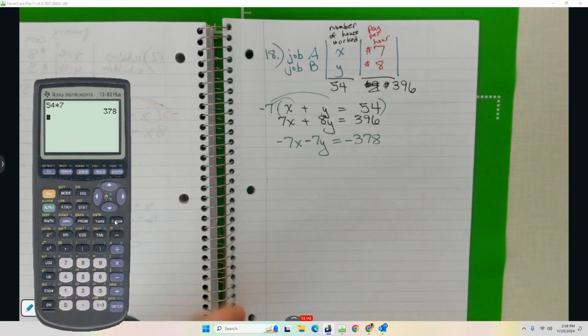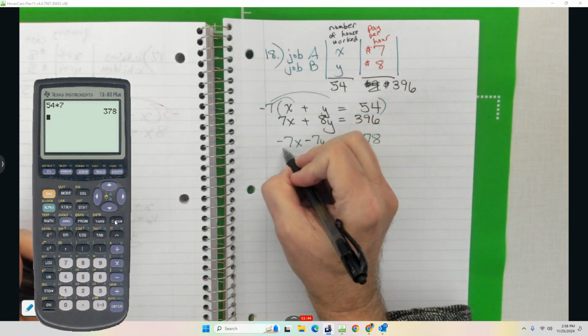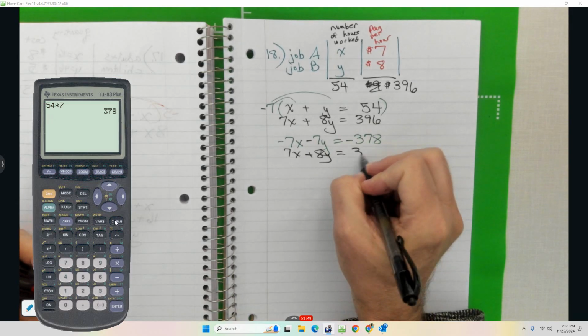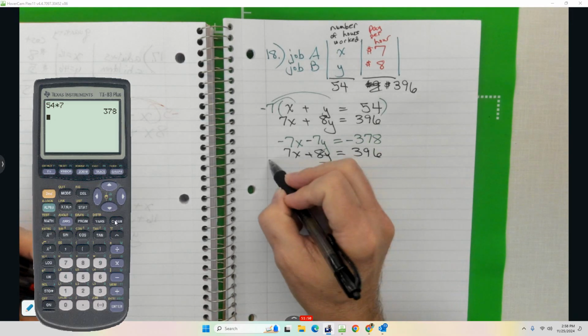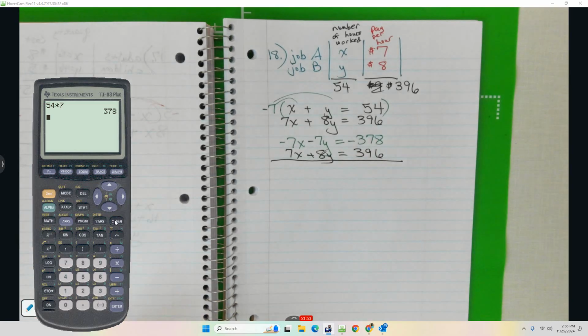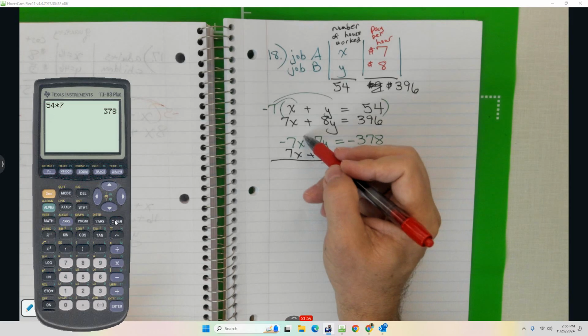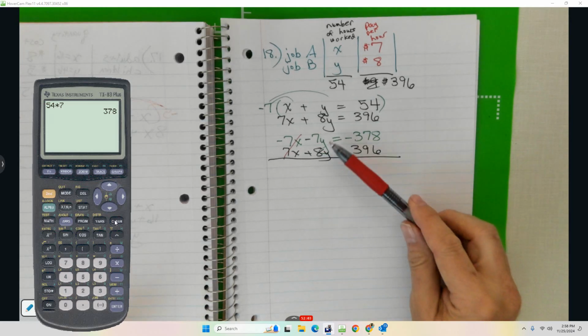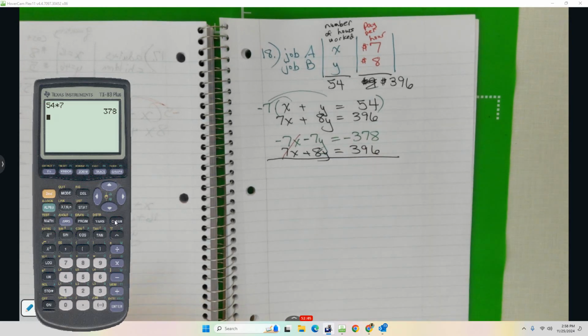Okay, then we have positive 7x plus 8y. Oh, this is working out nicely. Y'all see why I'm saying this is working out nicely? The -7x plus 7x is gone. Add the y terms. What are you going to get there? -7y plus 8y. 1y.